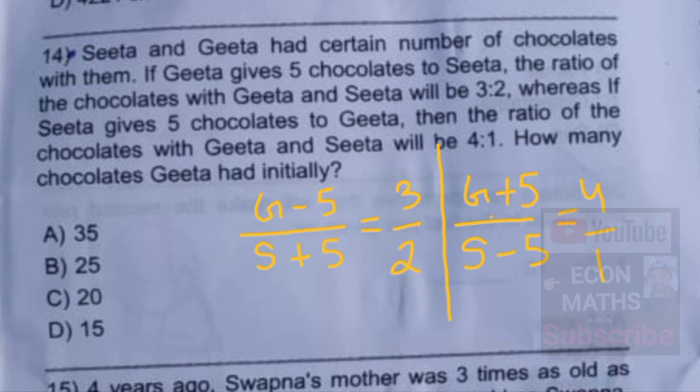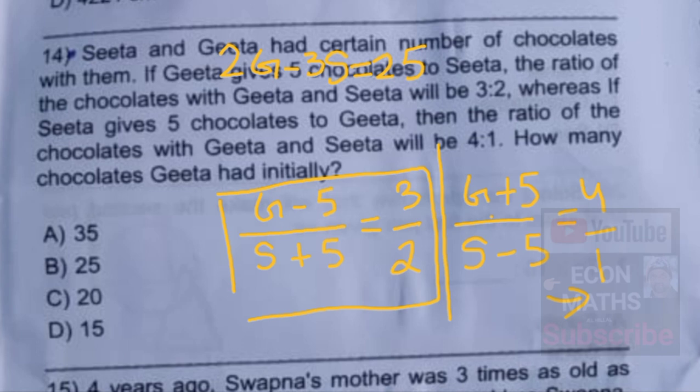When solving this equation, we will get 2g minus 3s is equal to 25. Because of the lack of space I am not able to show the full answer, so you can solve this and form the equation 2g minus 3s is equal to 25.